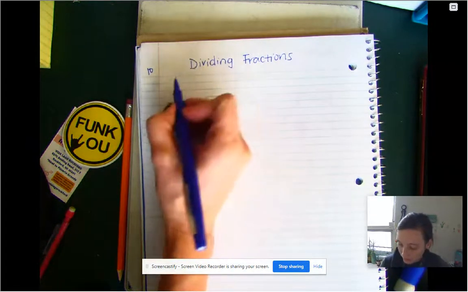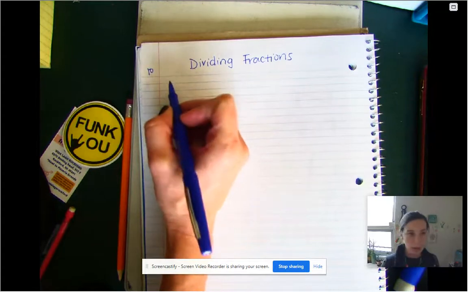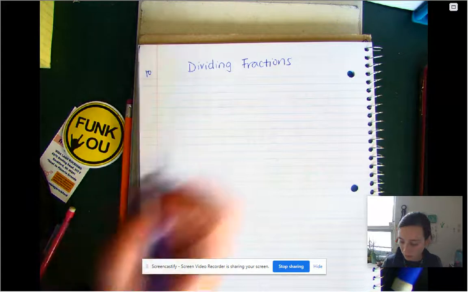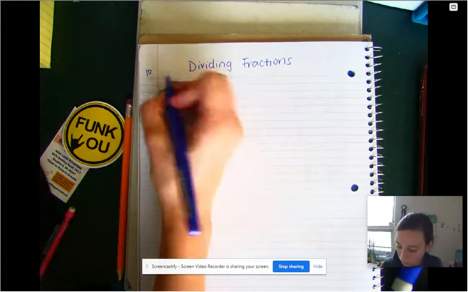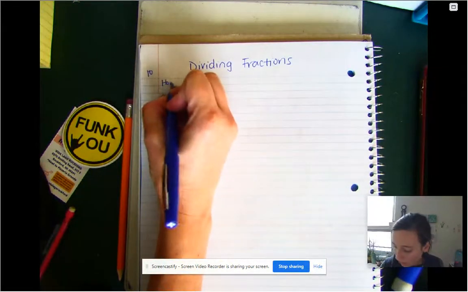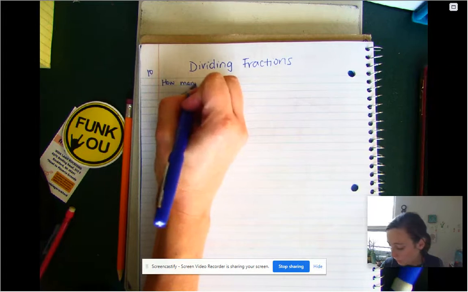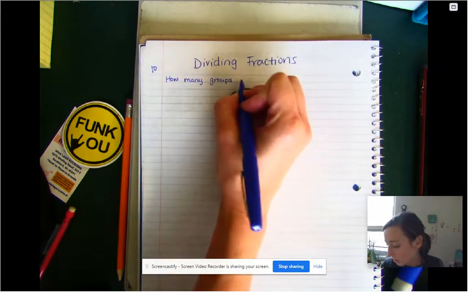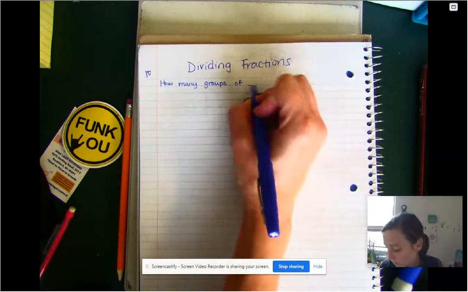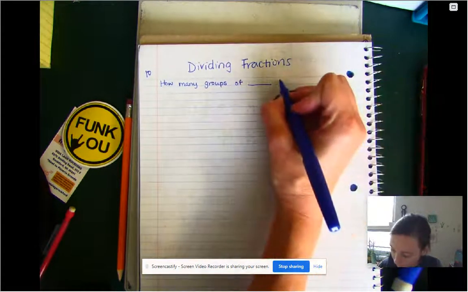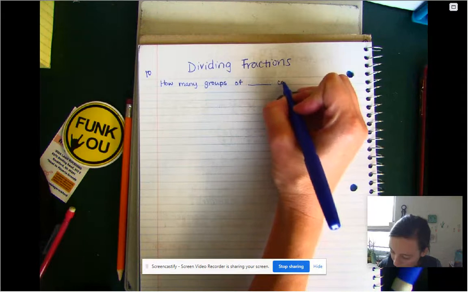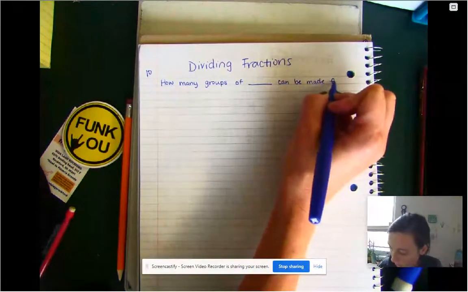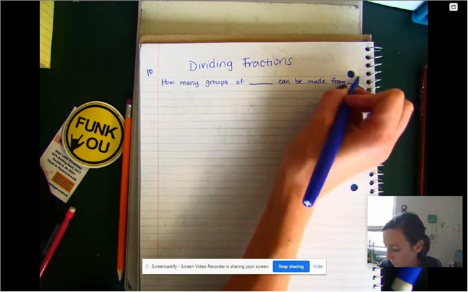When you were learning division, you probably had 2 kinds of division questions. One would be, how many groups of some certain number can be made from some other number?